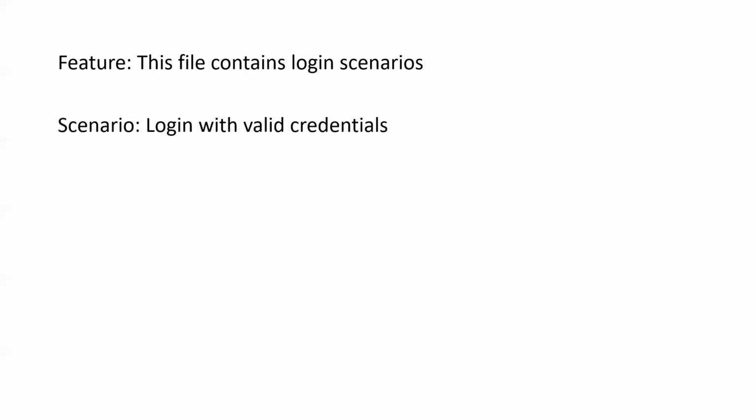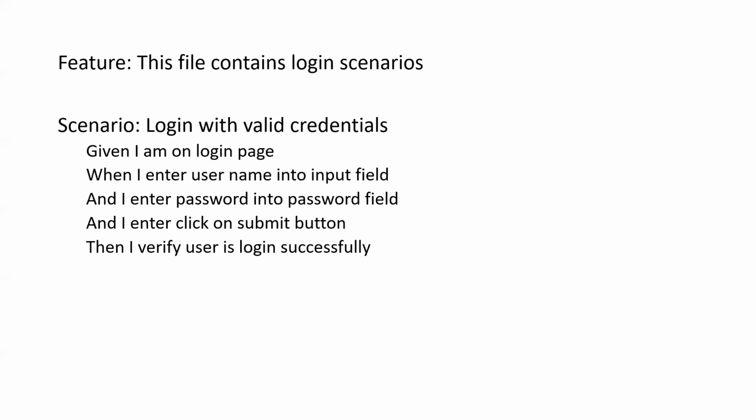Next, here is an example of a feature file: Feature, then we use the colon, and this file contains a login scenario. The scenario syntax is Scenario, then colon, and then the scenario name. Next, these are the scenario steps. Given I am on the login page.